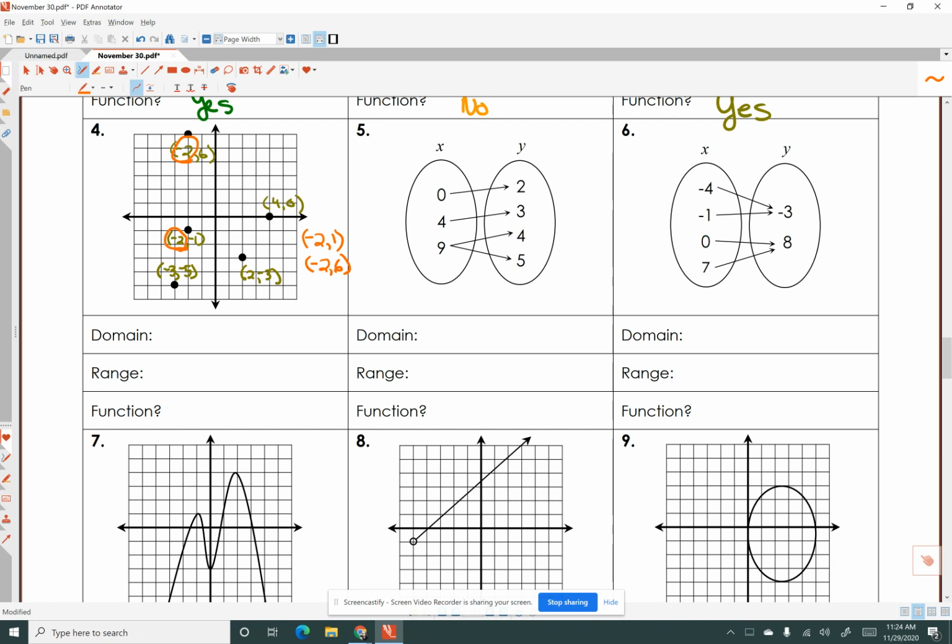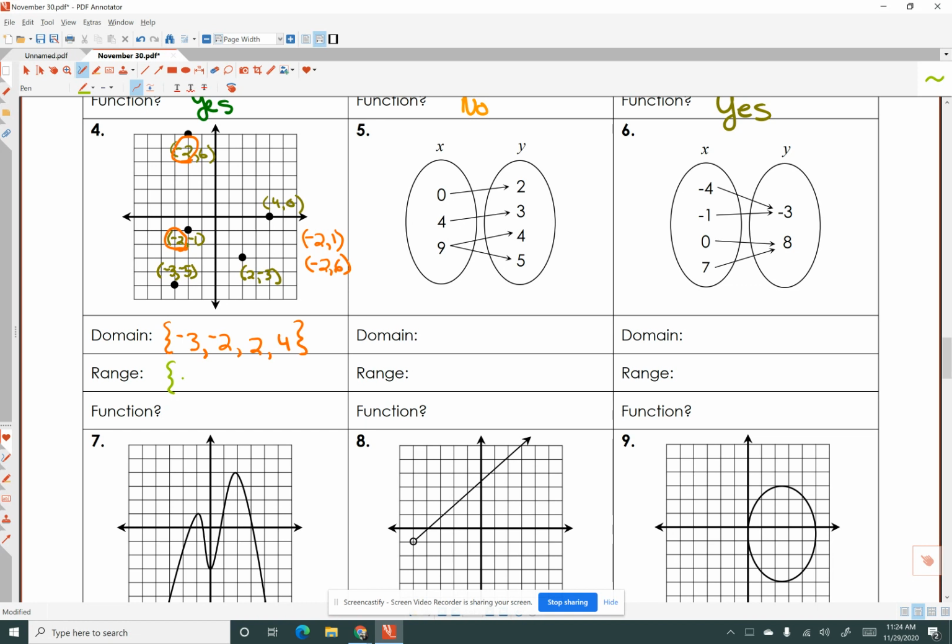So we still have a domain and range. The domain starts here, -3, -2, 2, and 4. The range starts here at -5.